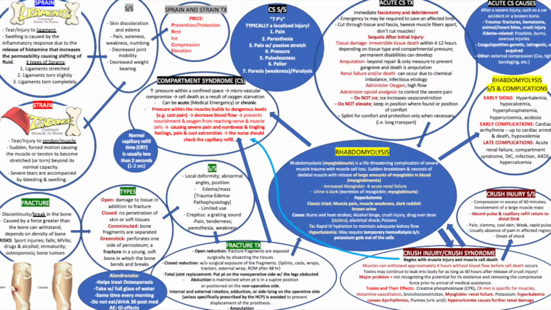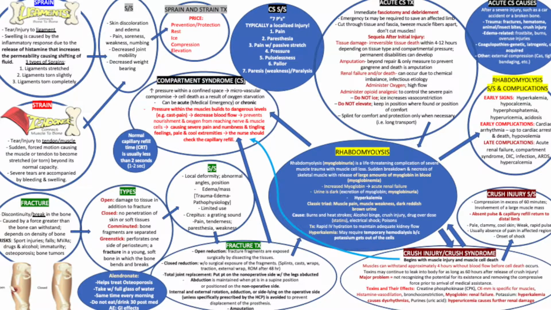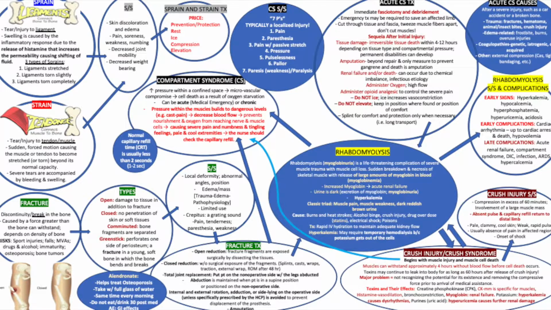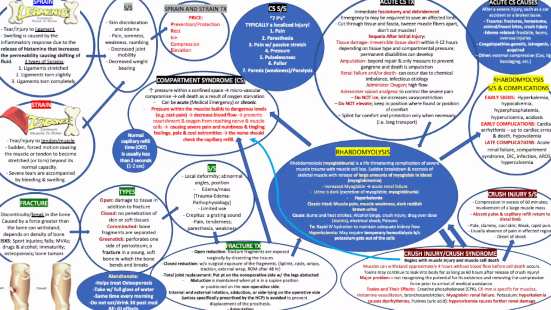Some may need reduction, which is realignment of the bone or bone fragments by manipulation, which usually requires sedation or anesthesia. In an open reduction, the fragments are exposed surgically by dissecting the tissues. And in a closed reduction, there is manipulation of the bone fragments without surgical exposure of the fragments. A closed reduction of fractures is usually maintained by casting, but some fractures only require a splint or a sling.